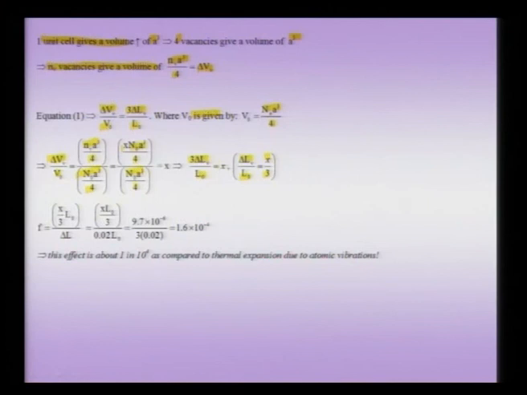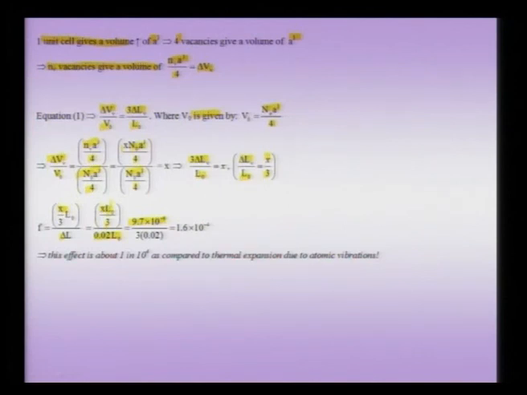So, delta LV by L0 is x by 3. The fraction I am trying to calculate is x by 3 times L0 by delta L, which is x L0 divided by 3 into delta L, and delta L we know is about 2%, which is about 0.02 L0. The L0 cancels off in the numerator and denominator.